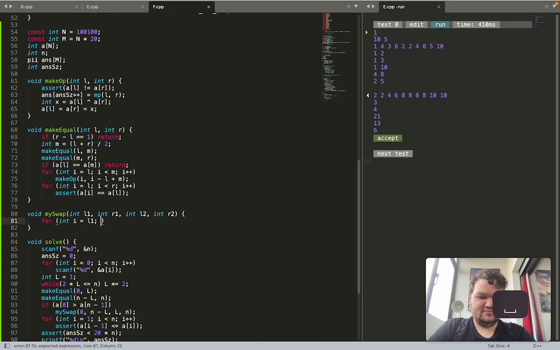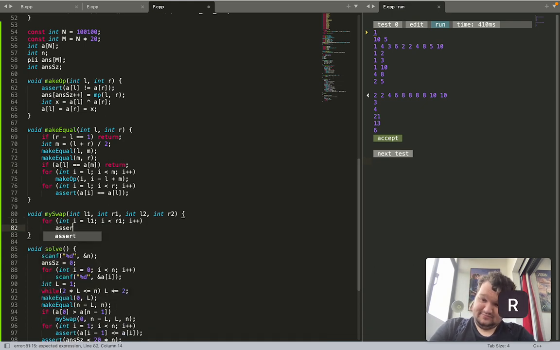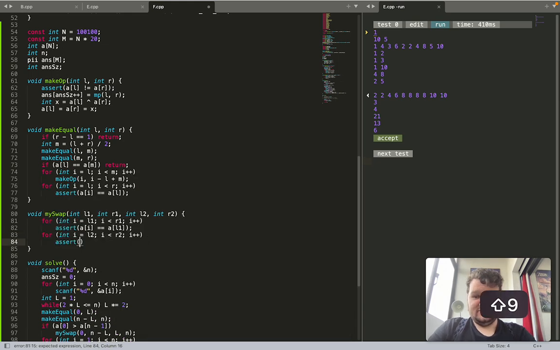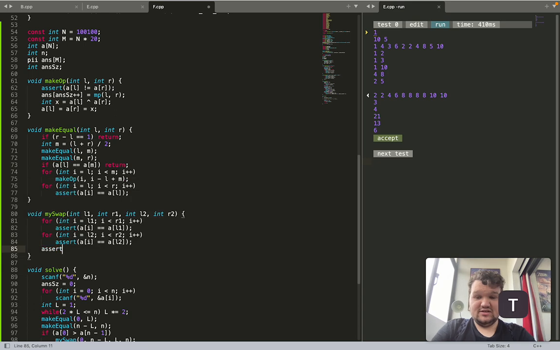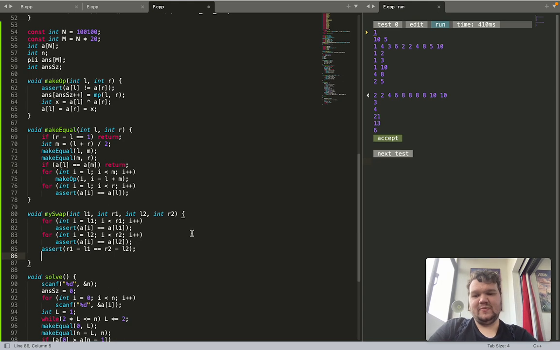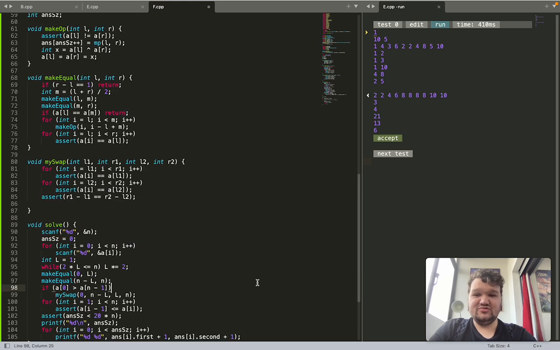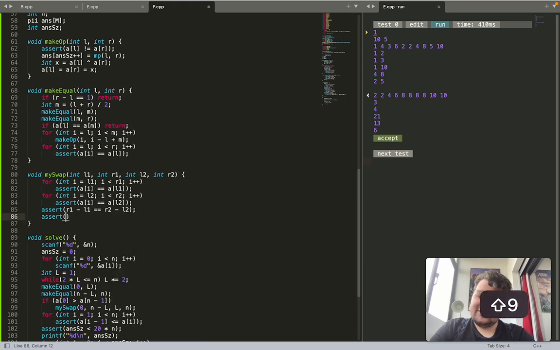Let's add some asserts. So we want to take two segments of equal elements. The lengths of those segments should be the same. And well, we call it only here, only if we actually need to do the swap, so let's assert that they are actually not equal.